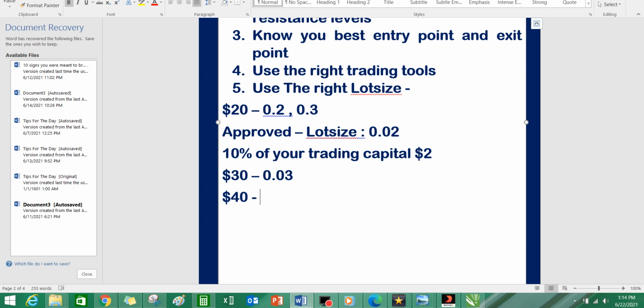This will reduce the number of times you spend in the market because the capital is now increasing, so definitely the lot size should also increase. You should be using 0.04 at that particular time. For $50 it should be 0.05.